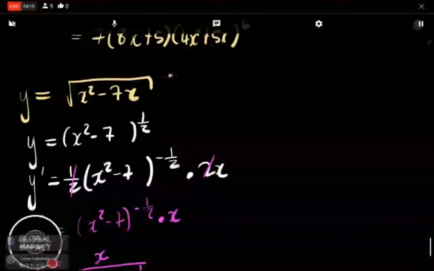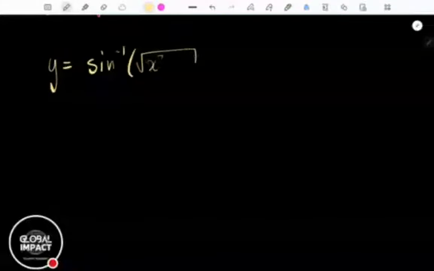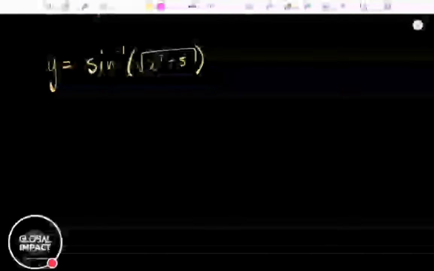You are seeing the chain. Y is, say, sine inverse of the square root of x squared plus 5. Let's say that. And we want to differentiate this creature. We have this devil. Ladies and gentlemen, boys and girls, you can see not x.